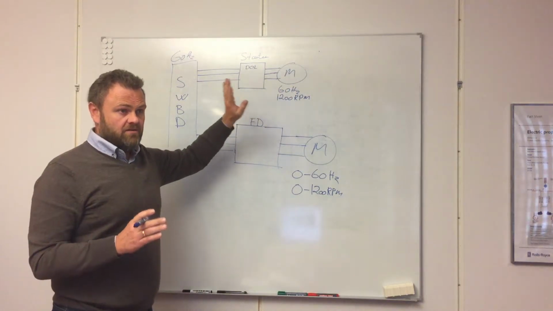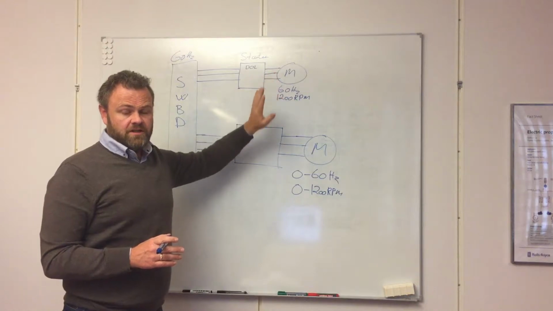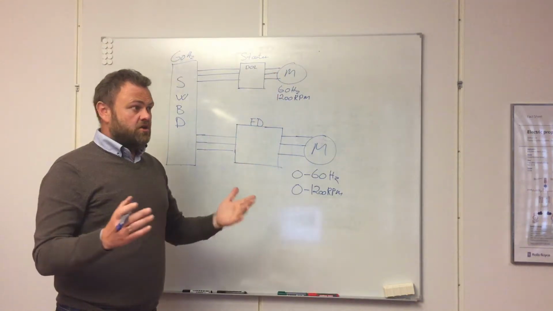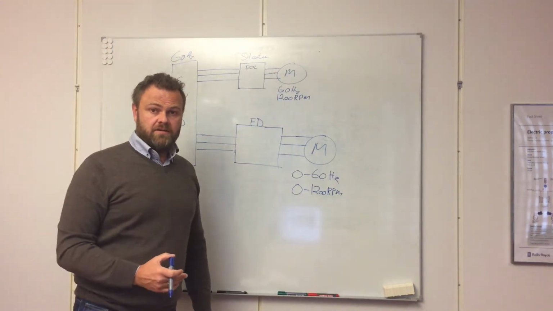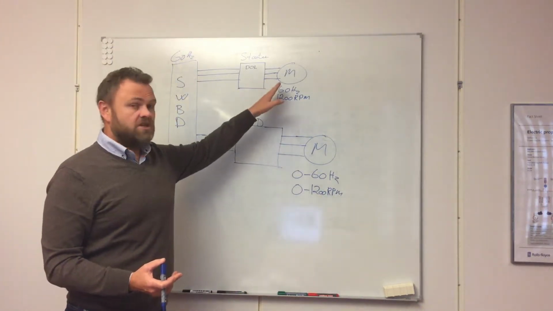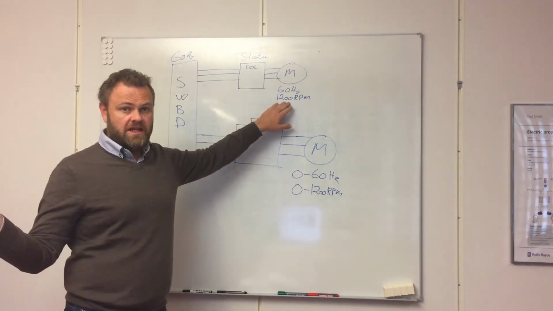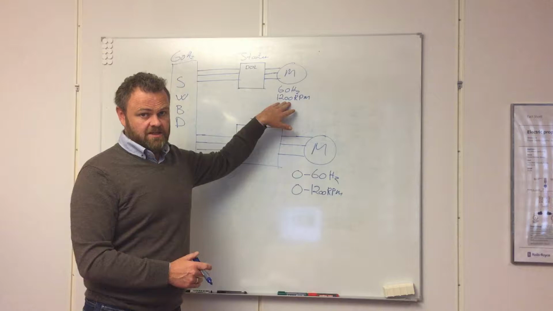So in fact, there is no other starting equipment for this motor than a switch, like switching on the light in your house. Just a switch, switching the motor on, and then it is running constantly at nominal speed.